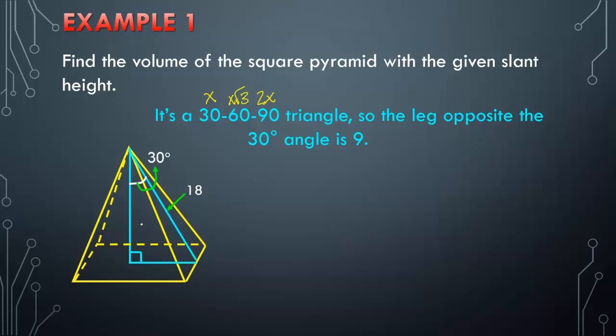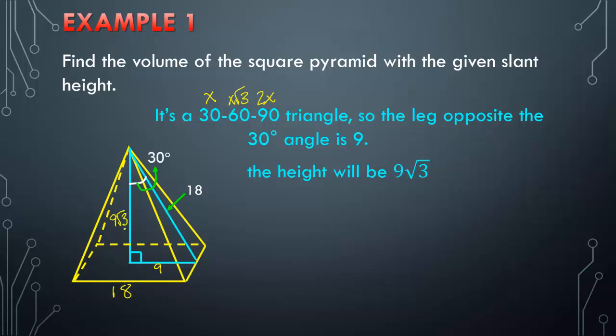The side opposite the 60 is going to be important in a minute. But for now, this tells us that that's 9. And remember, if this is 9, then this side here is also going to be 18. And then the height, which brings us back to this one, would be 9 root 3.